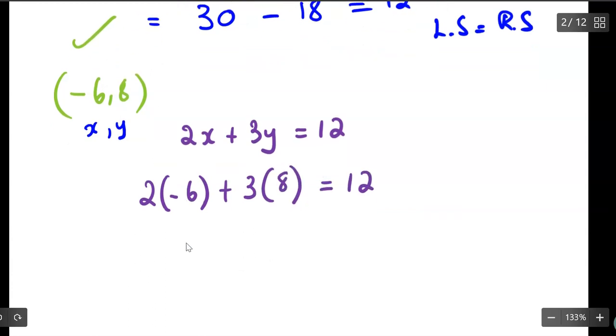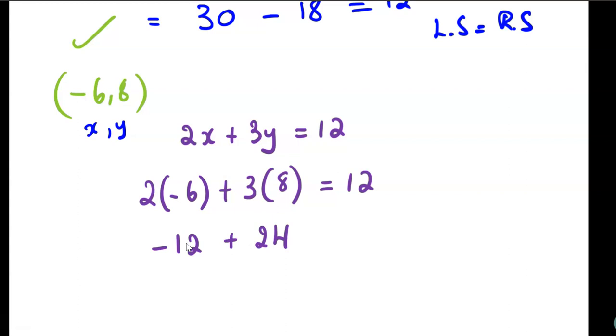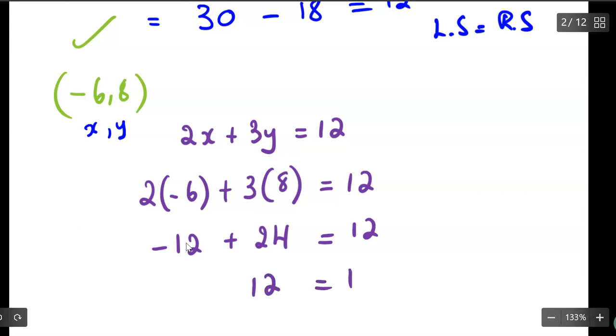So this one is negative 12 plus 24. 3 times 8 is 24. 2 times negative 6 is negative 12. And this should give me 12 equal to 12, right? So this point is actually on the graph as well.